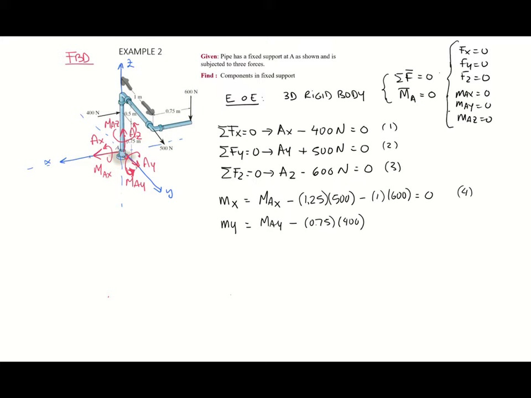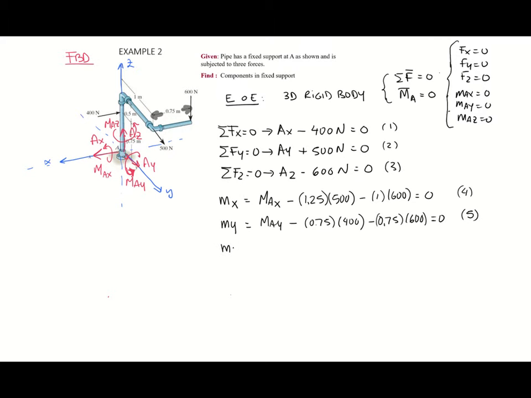And for the 600, the distance is this one right here, 0.75. So I'm going to write it here, and the moment is also negative, minus 0.75 times 600 equals to 0. So this is my fifth equation.